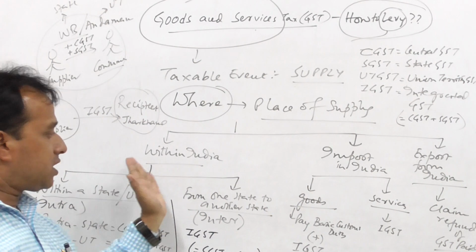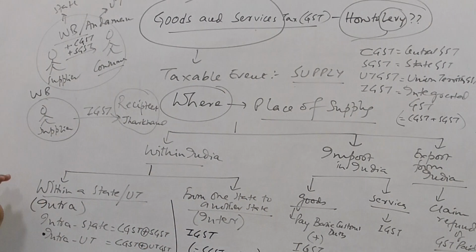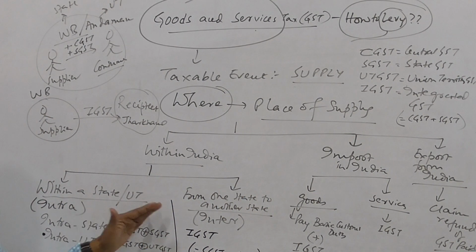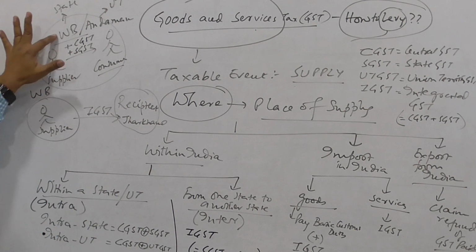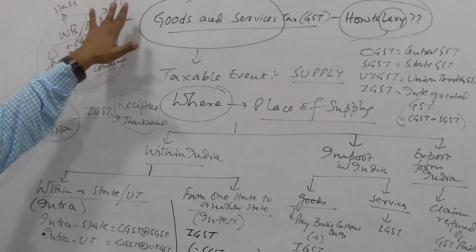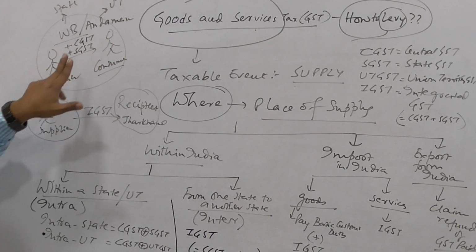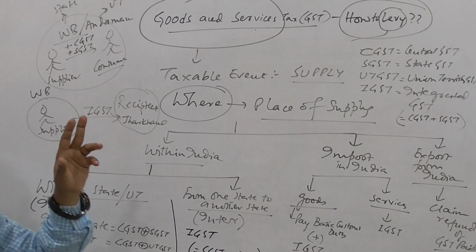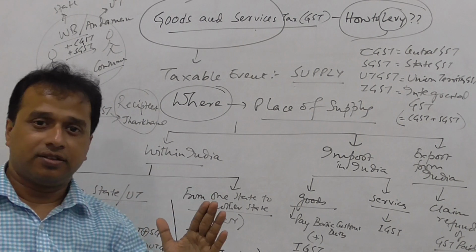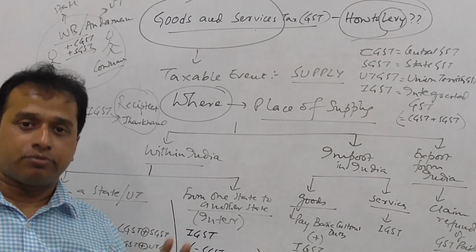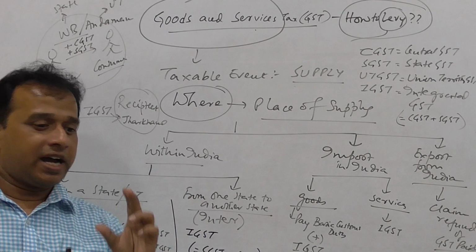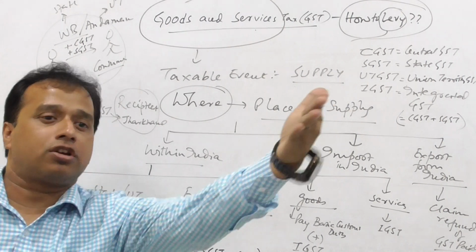Come here. If it is within India, then within a state or union territory, if it is within a state, I give an example, West Bengal state or Andaman Union Territory. If the supplier and consumer are both in the same state, I repeat, supplier and consumer both in the same state, then the goods or services did not cross the state border.